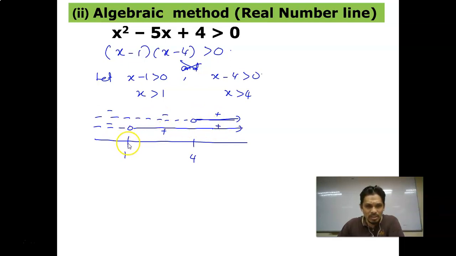Just imagine, what are the numbers less than 1? To make our life easier, we take 0. Between 1 and 4, I'll take 2, because 2 lies between 1 and 4. 0 is less than 1. And after 4, you may take 5, 6, 7, 10, whatsoever. But let's make our life easier. Let's take 5.